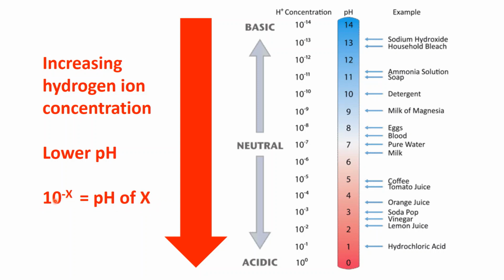So for example, if it's 10 to the minus 5 in terms of the hydrogen ion concentration, that will give you a pH of 5. Or 10 to the minus 4, that will give you a pH of 4. Hopefully, together with the previous slide with the table which you've copied out nice and neatly in your notes, this makes perfect sense.